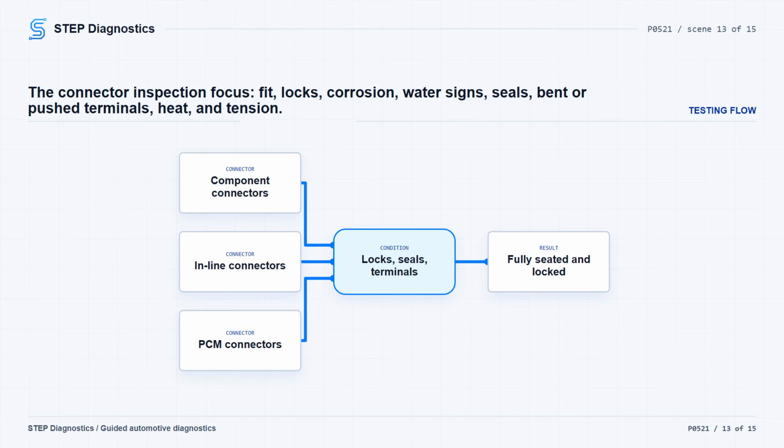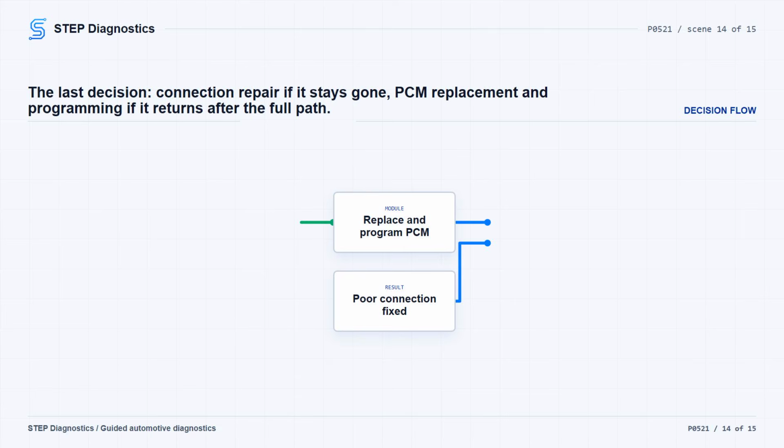Repair anything you find. Then reconnect the PCM connectors, inline connectors and component connectors, making sure they are fully seated and the locks are fully engaged. Erase the codes, test drive or operate the vehicle under the monitor conditions, and read codes again. If the code stays gone after those connection repairs, the wiring or poor connection problem has been repaired.